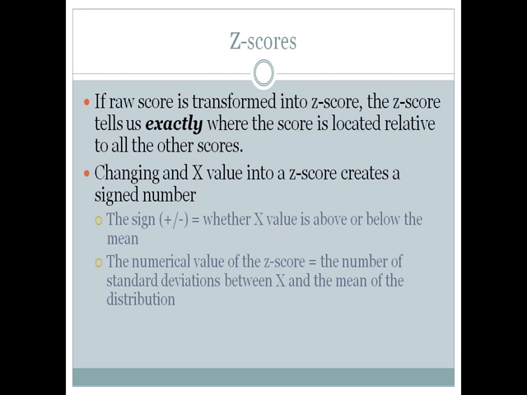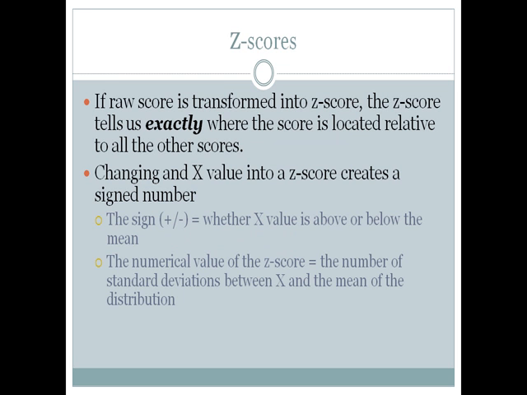But if we transform the raw score into a z-score, this tells us exactly where the scores on the test are relative to other scores. So the z-score gives us two pieces of information. One is the sign of the z-score: the z-score is either going to be 0, or it's going to be positive or negative.